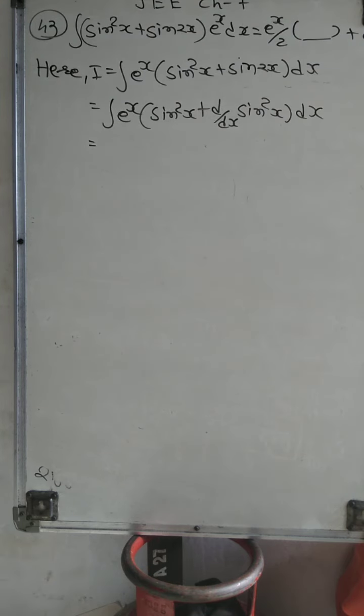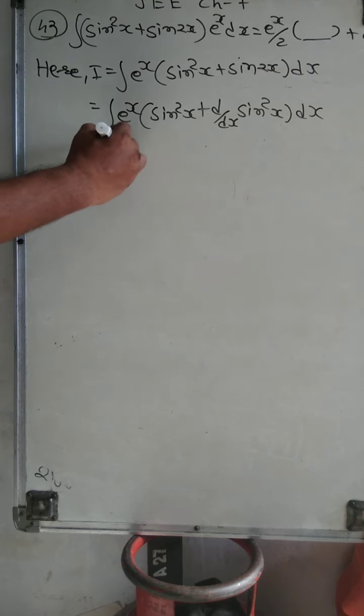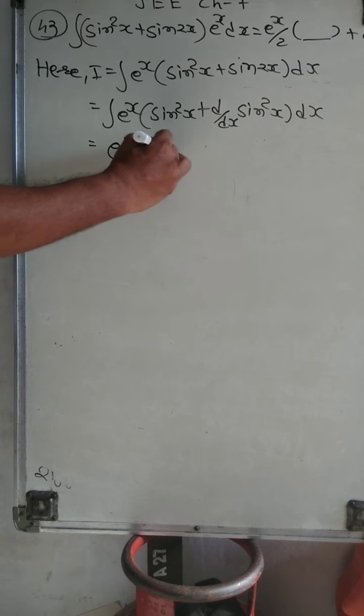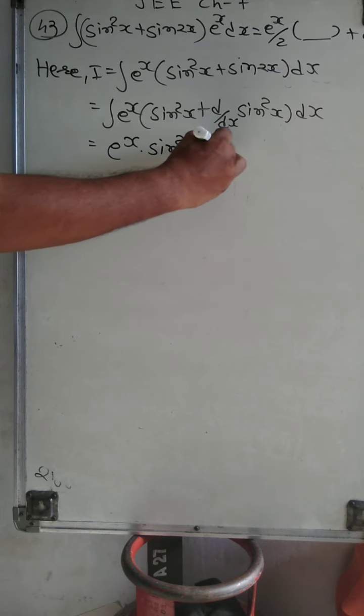Now we have the simplification: e^x into sin²x plus c.